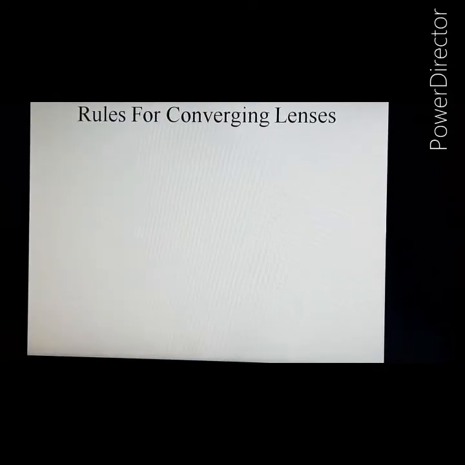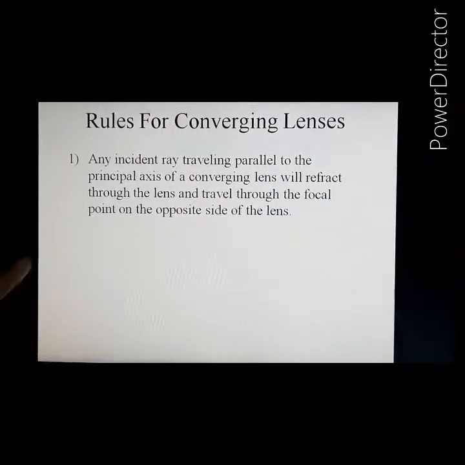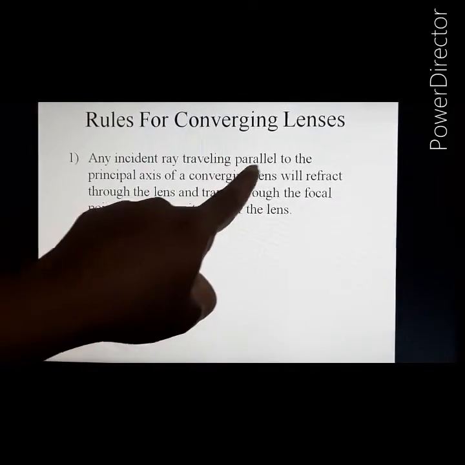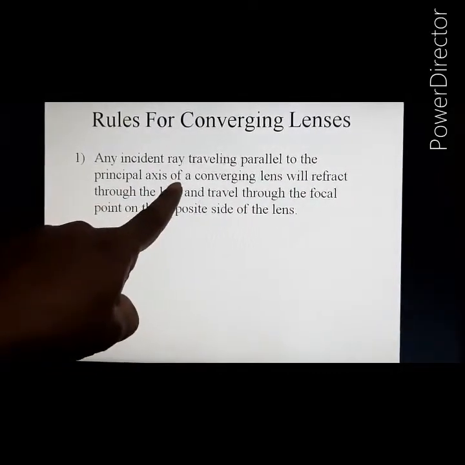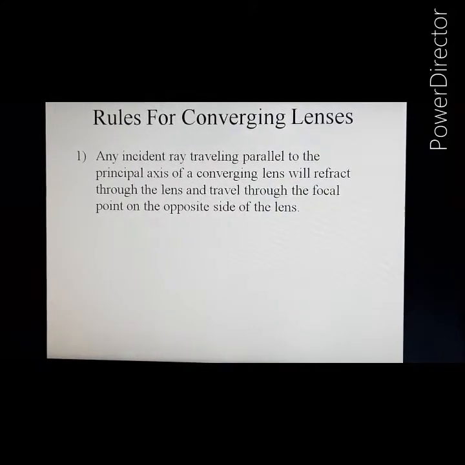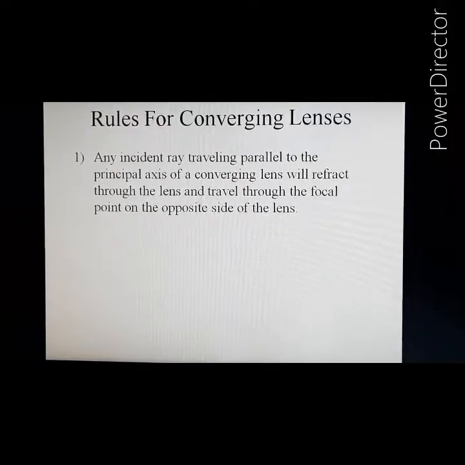You can see here the rules which I have told you. Any incident light ray traveling parallel to the principal axis of a converging lens will refract through the lens and travel through the focal point on the opposite side of the lens.